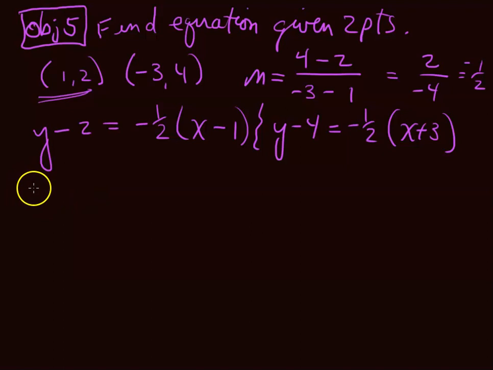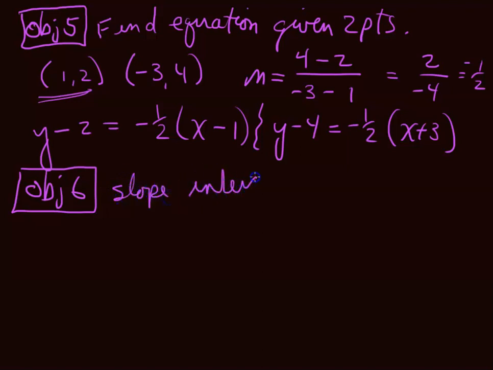Objective 6. This is the one you probably know. The slope-intercept form. Well, this is really the point-slope form with a special point. It's the Y-intercept. And the Y-intercept has always got 0 for the x.